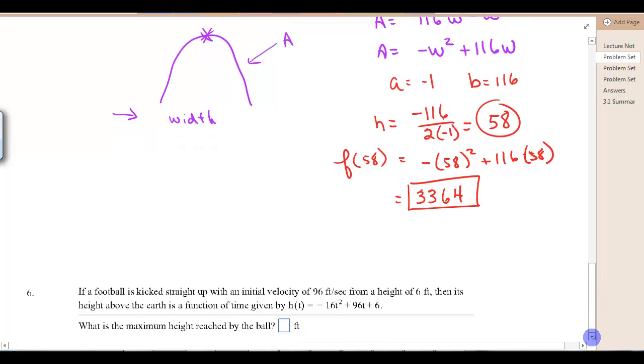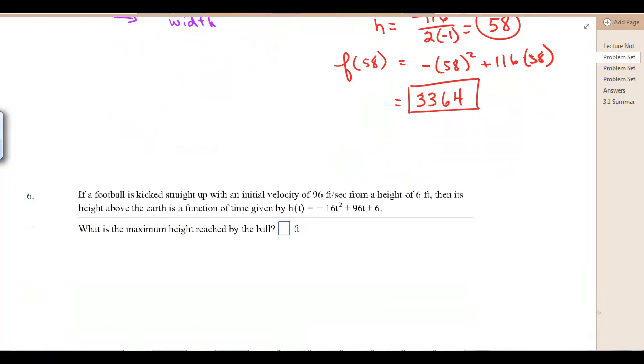All right, last question. If a football is kicked straight up with an initial velocity of 96 feet per second from a height of 6 feet, then its height above the ground, above the earth, is a function of time given by... So they've given you this equation. H of t is equal to. So that means the height of the ball is dependent on the time.